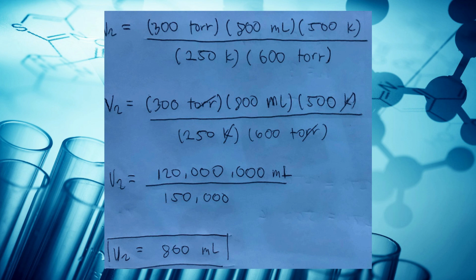We cancel the torr over torr and Kelvin over Kelvin, so the final answer will be in ml. Multiply 300 times 800 times 500, so the answer is 120 million. Divided by 250 times 600, the answer is 150,000. Next, we divide the 120 million by 150,000. The final answer will be 800 ml.